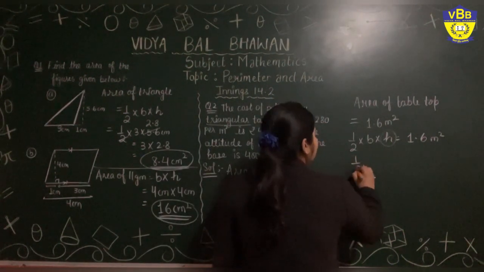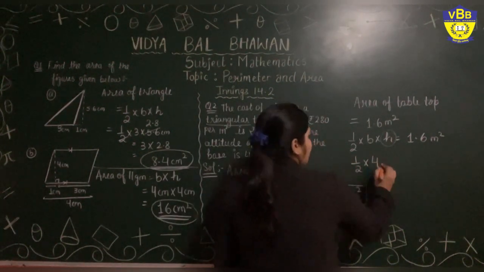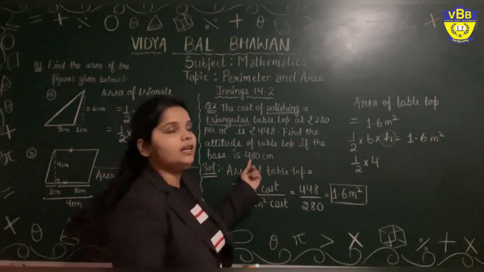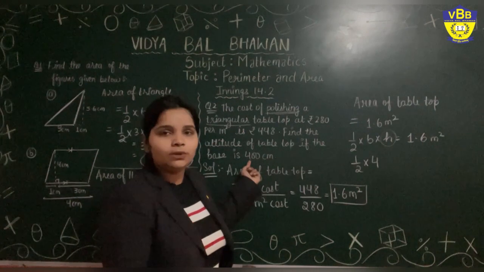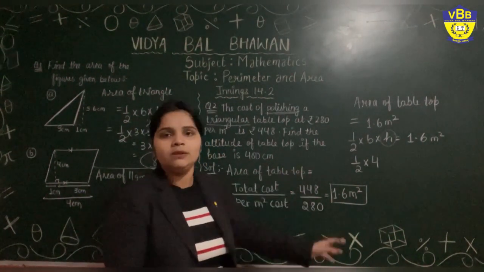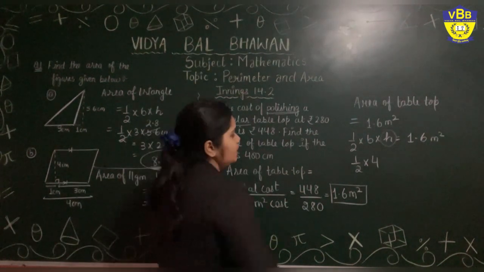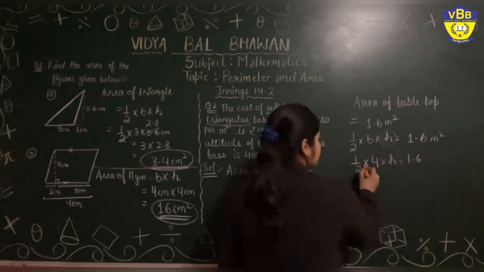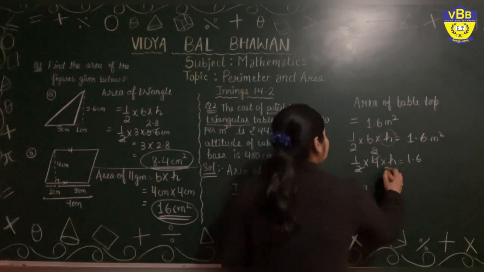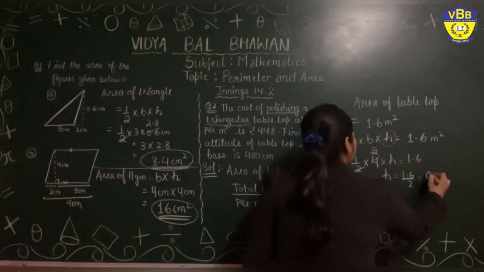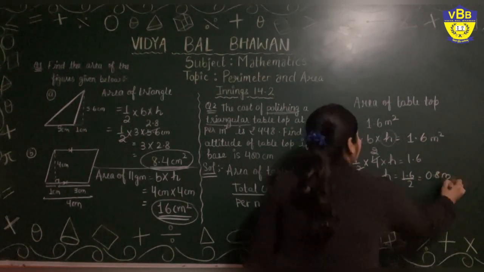So it will be 1 by 2, base is 4 meter, because it was 400 centimeter. I have converted the centimeter into meter so that the area and base will be in the same unit. Now multiply height is equal to 1.6. Solve it, you will get 1.6 divided by 2, which is 0.8 meter.